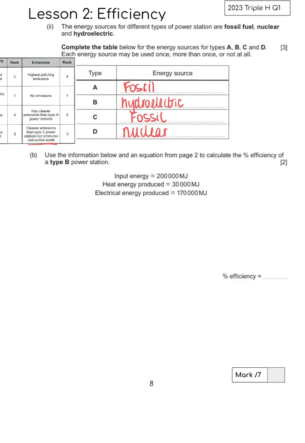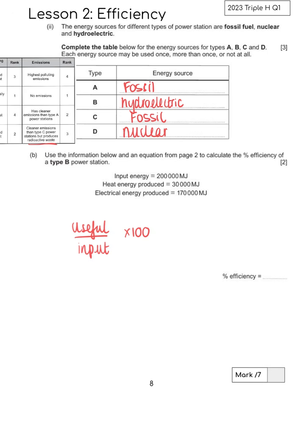And part B, we're calculating the efficiency of a type B power station. If you remember the equation for efficiency, you can always check page 2. It is the useful energy or power divided by the input or the total times 100. So you just need to know about power stations, what's useful, what goes in, and what is wasted. So our input energy is 200,000, the heat is 30,000, and the electrical energy is 170,000.